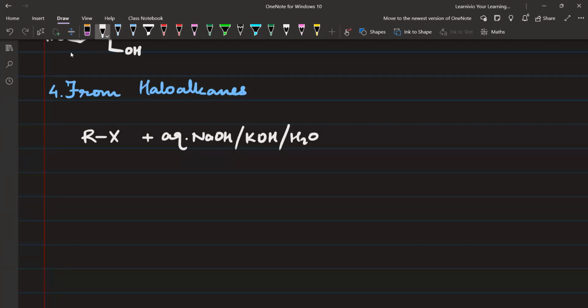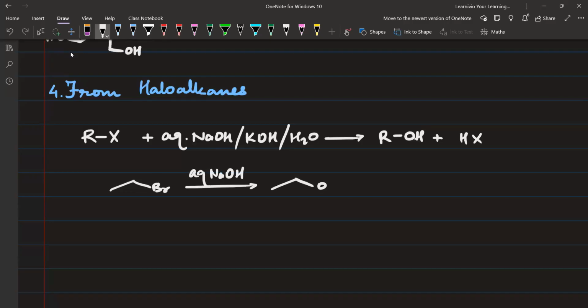If you just have water, then also it is going to get converted to alcohol, right? Plus HX. So you have two carbon atoms and bromine; in the presence of aqueous NaOH, it will be two carbon atoms and OH. No matter whether it is a cyclic one, everything will be as it is. The Cl will be replaced by OH.